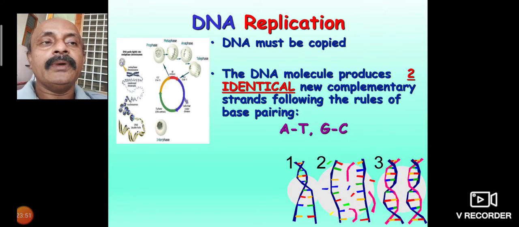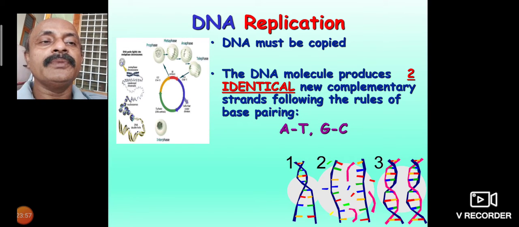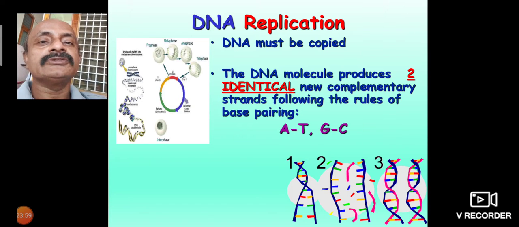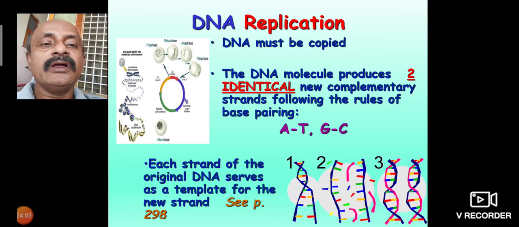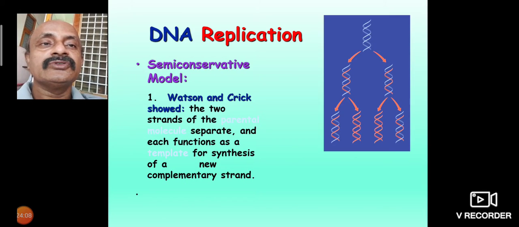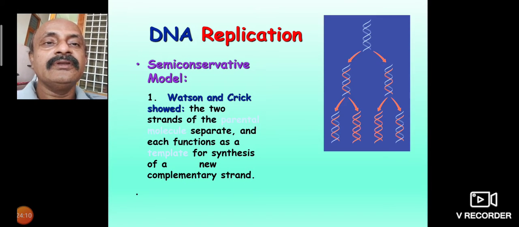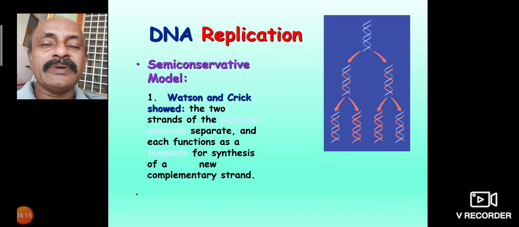The DNA molecule produces two identical new complementary strands following the rule of base pairing: adenine with thymine, guanine with cytosine, you know that. Each strand of the original DNA serves as a template for the new strand. So this is DNA replication, semi-conservative and dispersive.